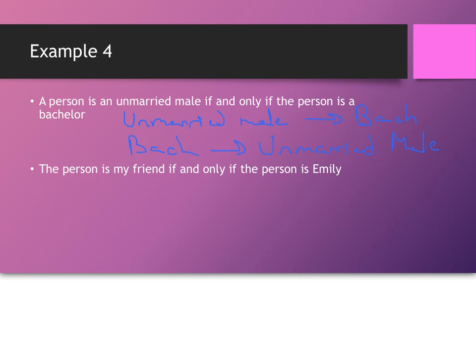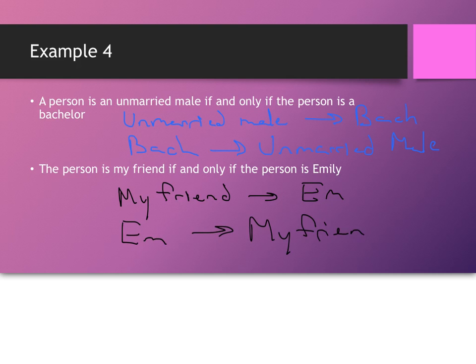The person is a friend if and only if the person is Emily. So, person being my friend implies that the person is Emily. And the person being Emily implies my friend. Okay?